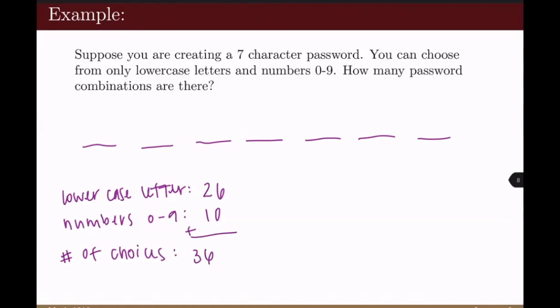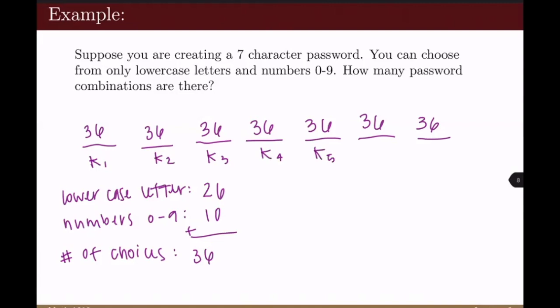So for each slot, I have 36 choices. Okay, and we can think of these as K1, K2, K3, K4, K5, K6, K7, per the counting theorem.